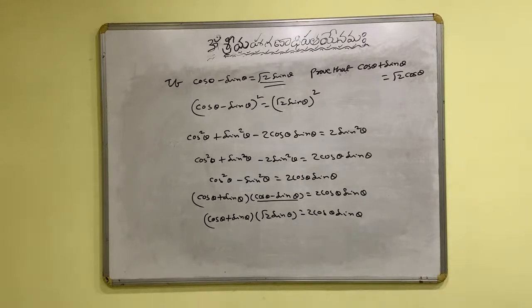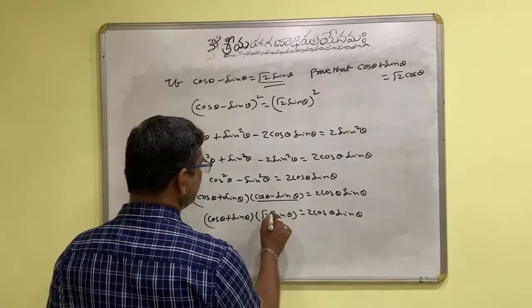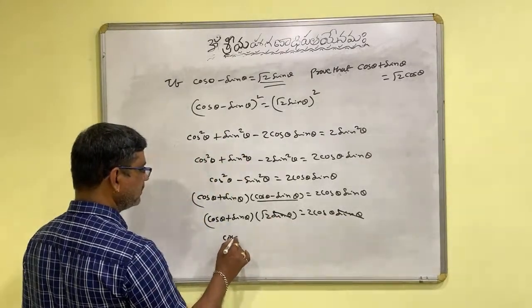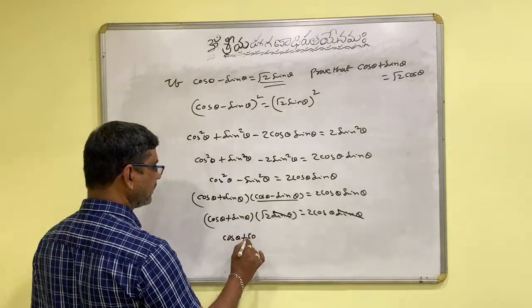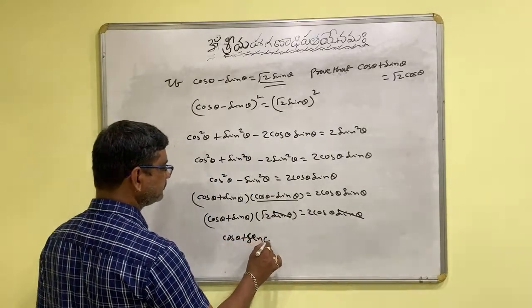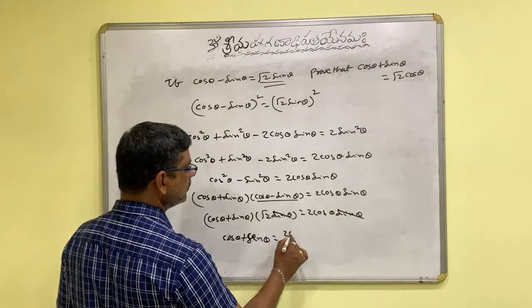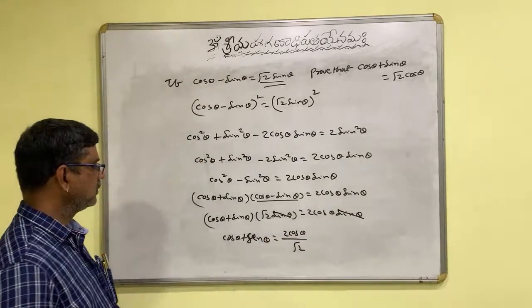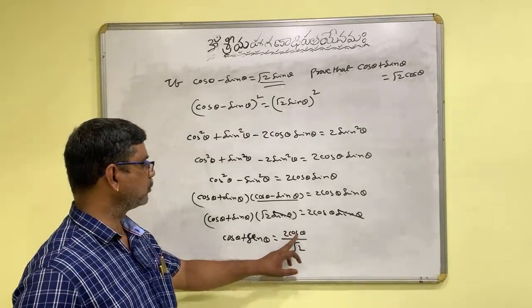Bring root 2 sin theta to the right. Send root 2 sin theta to that side. Or you can cancel it here. Sin theta gets cancelled. So what is remaining? Cos theta plus sin theta is equal to 2 cos theta by root 2.